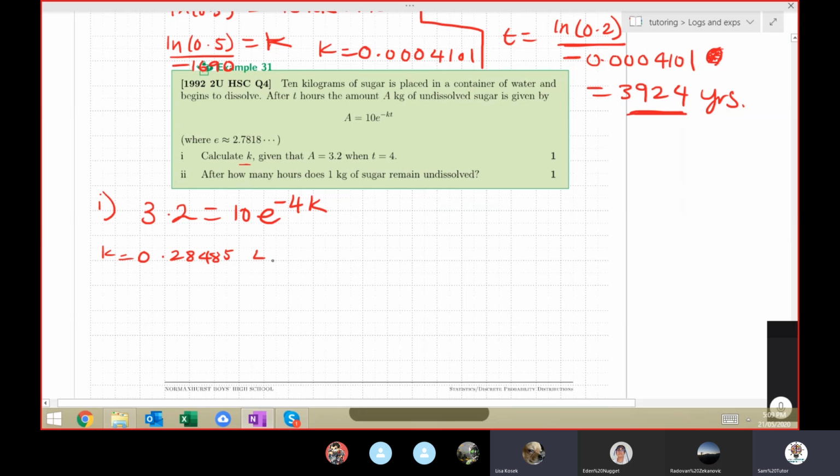Yeah. All right, yep, Lisa. Anyone else? I got 0.28485. Yeah, nice. So Lisa, Eden, looks like, unless you both made the same mistake somehow. Looks like that could be the answer. Anyone else confirm or disagree or not sure? So do I need to do it or?